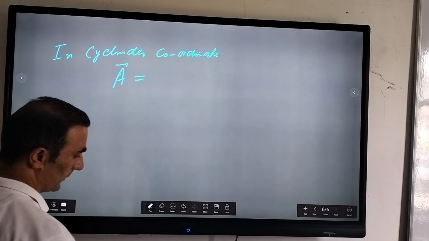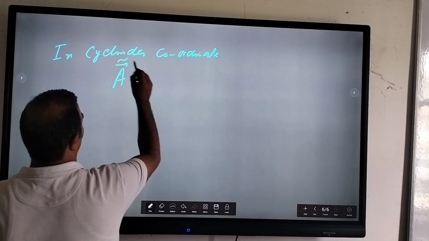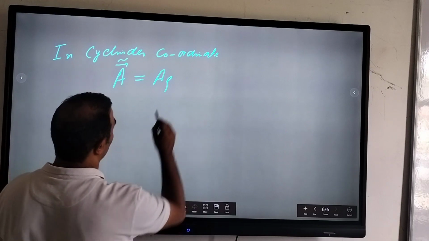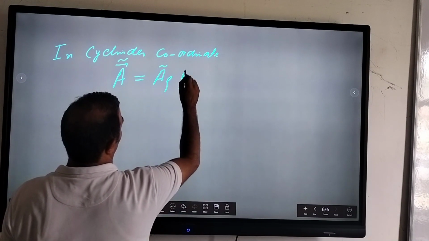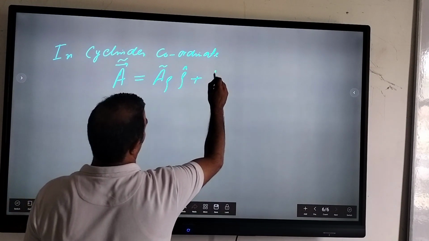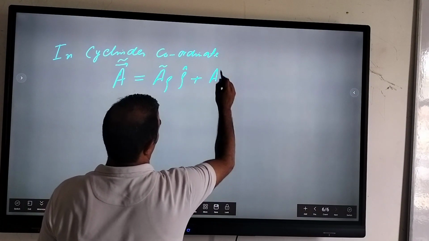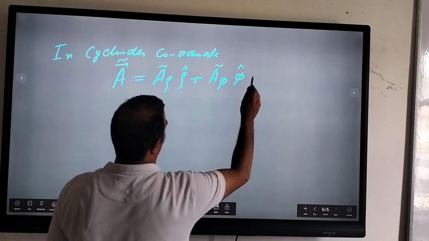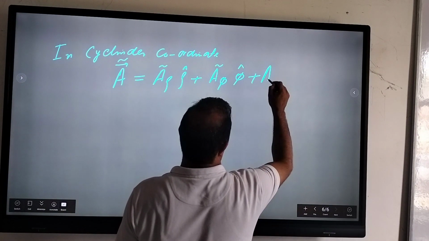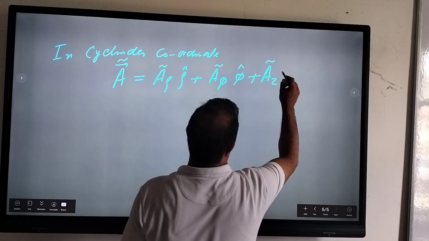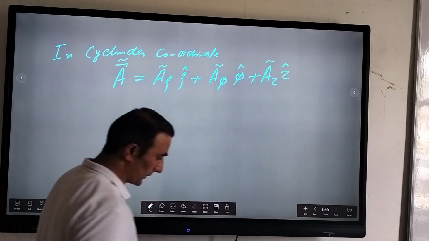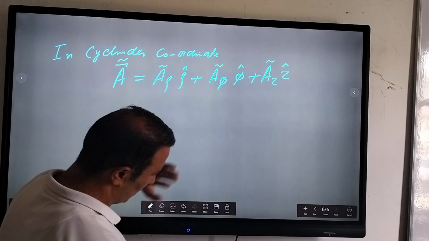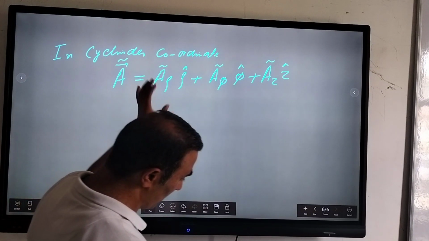So we can define it by arrow. Okay. So this is basically how you can define this ordinary vector.